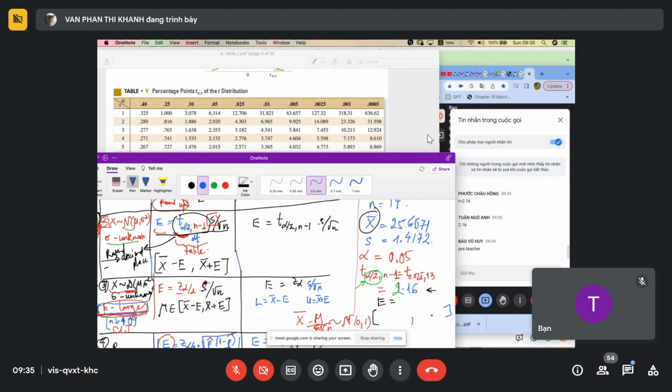Have you found the lower bound and upper bound, please? So I can check the answer.